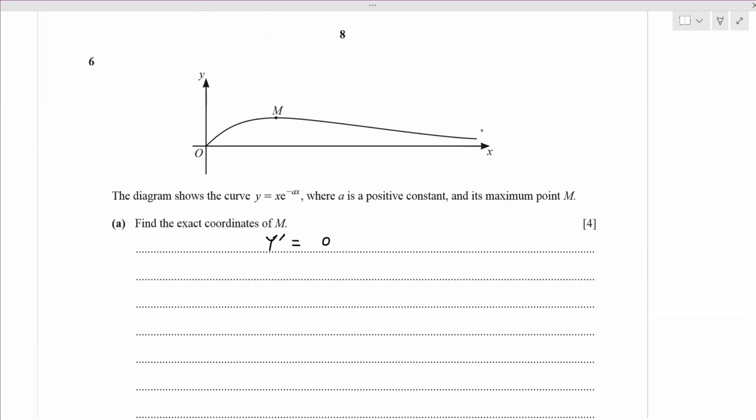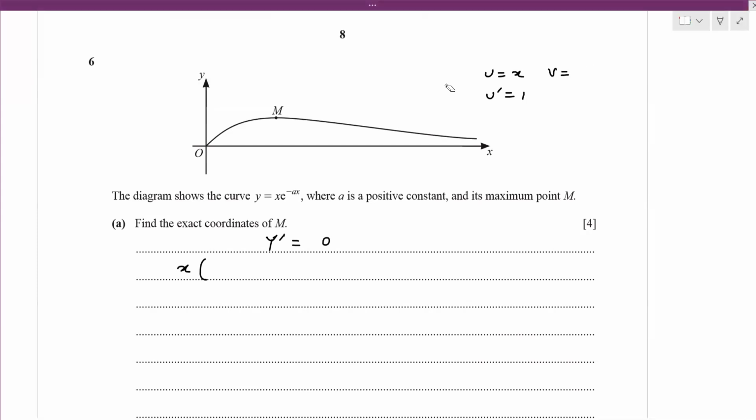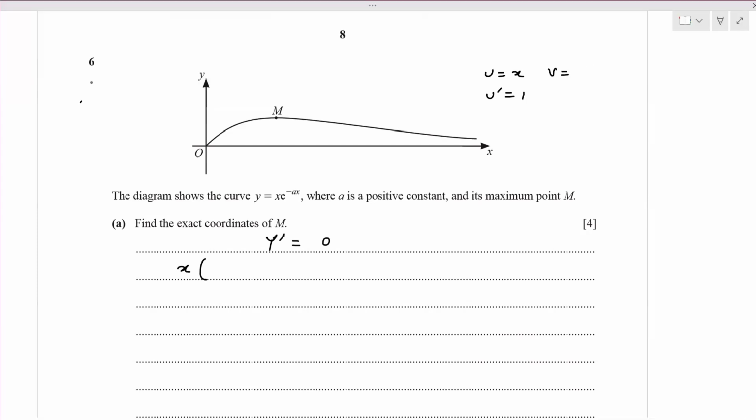So again, u, the derivative of v, e power minus ax का derivative, I'm just writing here. u is x, so u dash is 1. v is e power minus ax, so the derivative will be minus a e power minus ax.